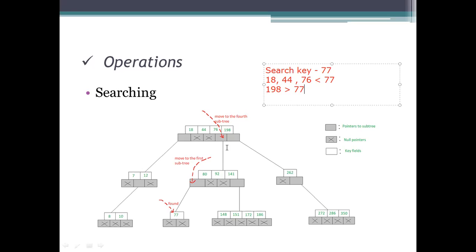Again, go to this subtree representation. The fourth subtree has how many elements? 3 elements: 80, 92, 141, which are all greater than 77. So move to which side? Here, go for the fourth subtree.